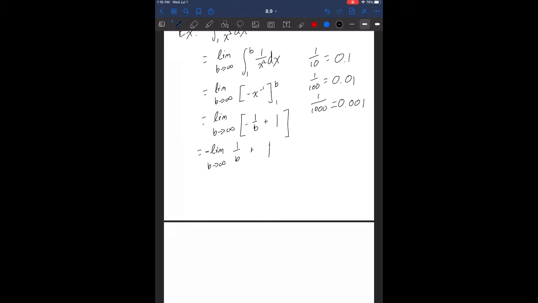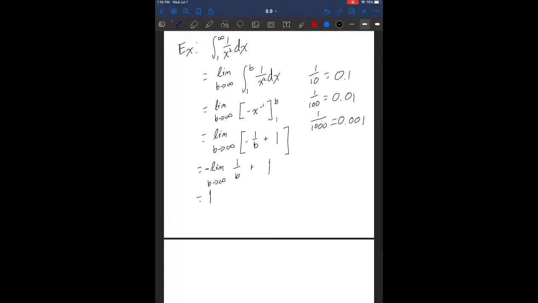So as b goes to infinity, we're going to have this 1 over b getting closer and closer to 0. And so this limit is actually going to be 0 in this case. And so we have a negative 0 plus 1, or 1 as our final answer.